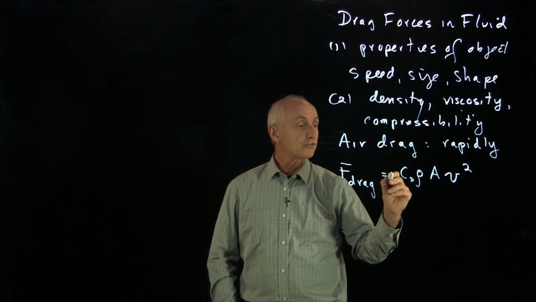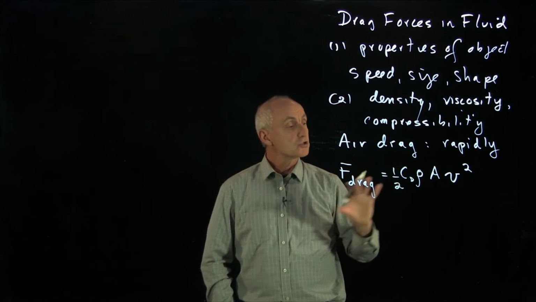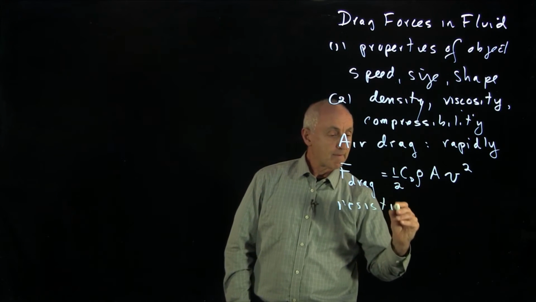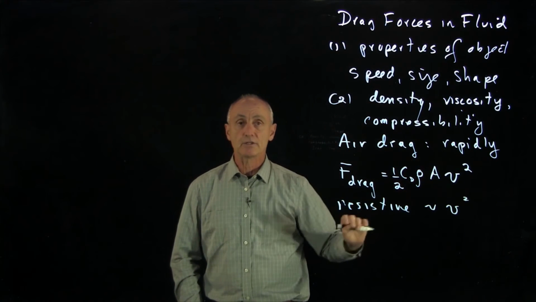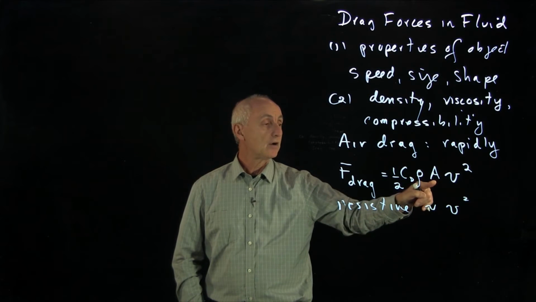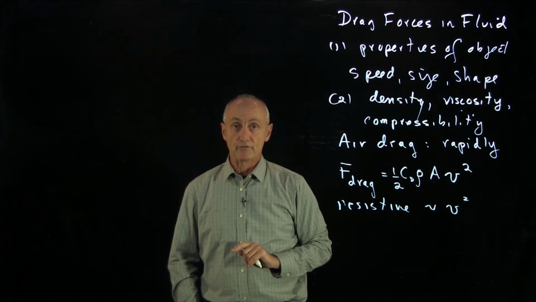And in fact, there's also a factor 1/2 in the way this law is traditionally written. So what we have here is a resistive force which is proportional to the speed squared and depends on the properties of the air, the density of the air, and some physical properties of the object itself.